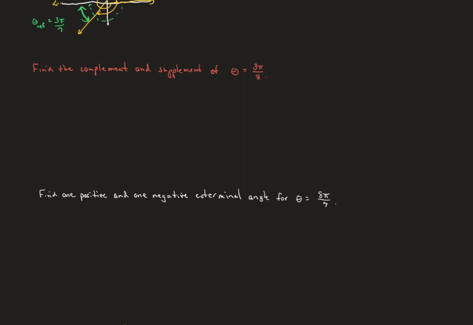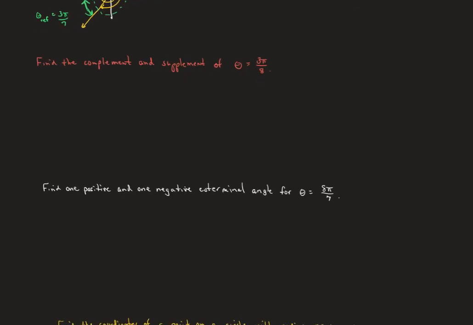All right, let's see if we can now find the complement and supplement of theta equals 3 pi over 8. So the complement is going to be pi over 2, that's like a 90-degree angle, minus our 3 pi over 8. If we get a common denominator, pi over 2 is 4/8, minus the 3/8 is going to be 1/8, or pi over 8.